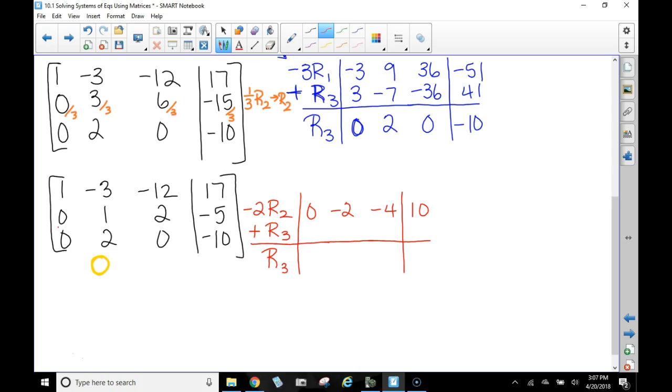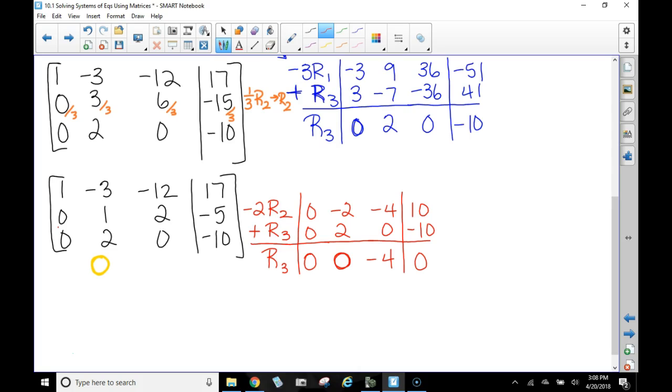I'm going to add that to row 3, which is 0, 2, 0, negative 10. To get a new row 3, my new row 3 is 0 plus 0, which is 0. Negative 2 plus 2, which is 0. Remember, that's why I was doing that. Negative 4 plus 0 is negative 4. And 10 plus a negative 10 is 0.